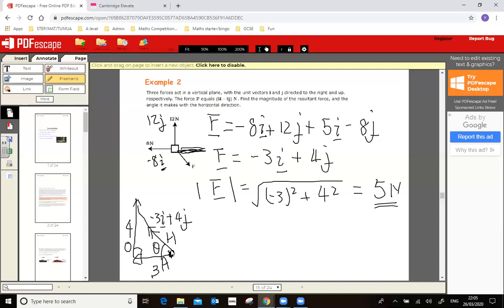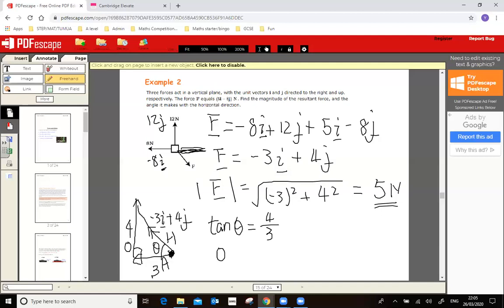So I don't know the hypotenuse, I know the opposite, I know the adjacent, which means I have to use tan. So that means tan of the angle theta equals opposite, which is 4, over adjacent, which is 3.